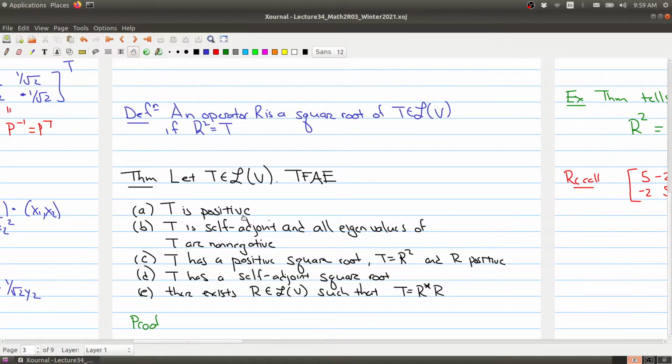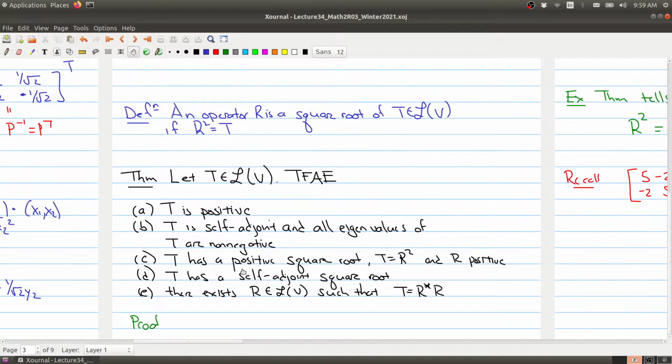Okay, so we have the following theorem that allows us to tell when an operator is positive. So an operator is positive if one of these conditions hold. And the second condition is probably one of the more useful: your operator is positive if it's self-adjoint and all the eigenvalues are non-negative. So rather than looking at that condition about being greater than or equal to 0, you could just look at the eigenvalues.